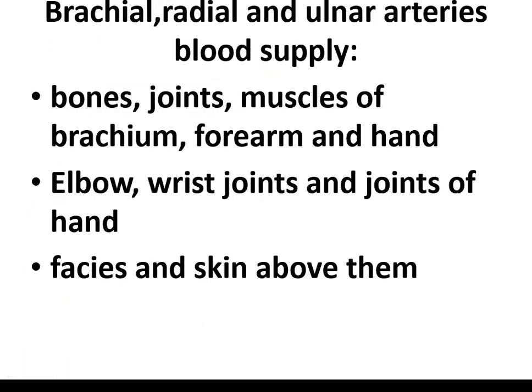Function of the brachial, radial, and ulnar arteries: they supply blood to the bones, joints, and muscles of the arm, forearm, and hand, elbow joint, wrist joint, and joints of the hand, fascias and skin above them. They supply the upper extremity bones, joints, muscles.